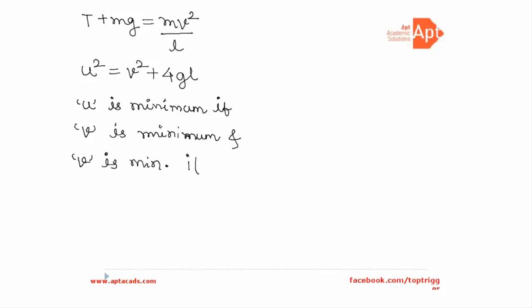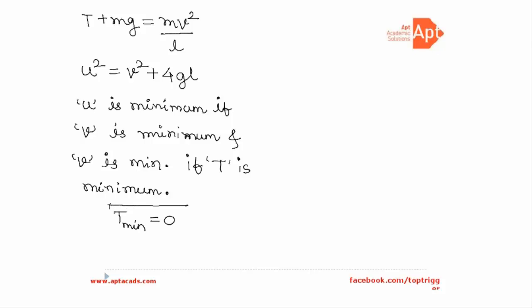So the minimum value of T in a string cannot be negative. So the minimum value of T is equal to 0.